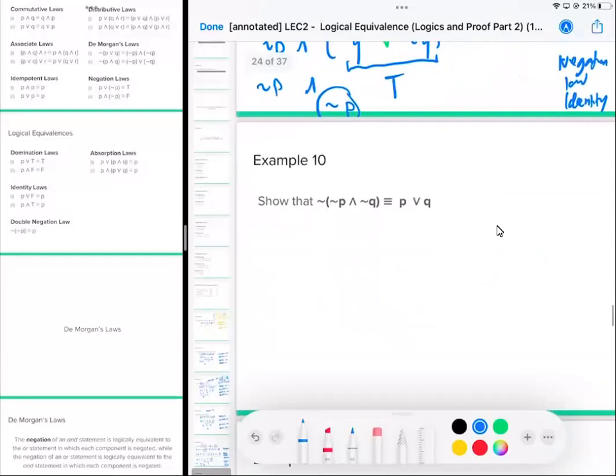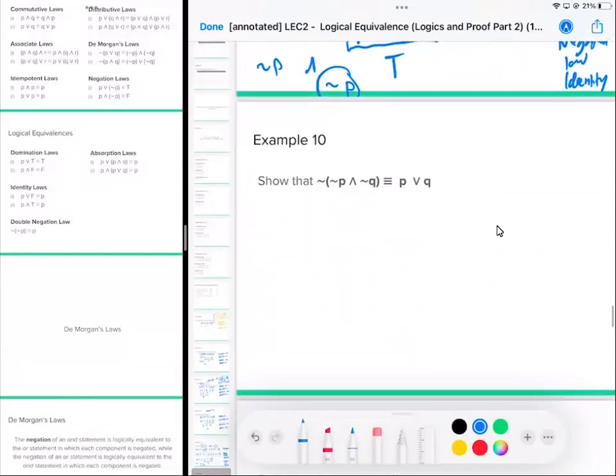Now moving on to the next example, we have the not of (not P and not Q). Is it logically equivalent with P or Q? Let's solve it. We can use again De Morgan's. We will simplify this by distributing the negation operator to our factors.